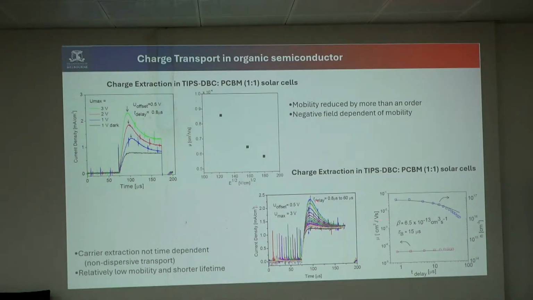This is also a very good indication of how mobile your charges are. Suppose you are extracting charges even at a long time delay, it means your generated charges have high mobility. So this graph gives how much mobility you are getting with the time delay.